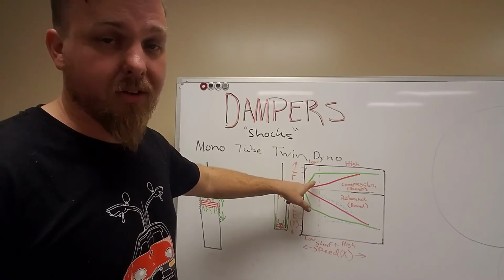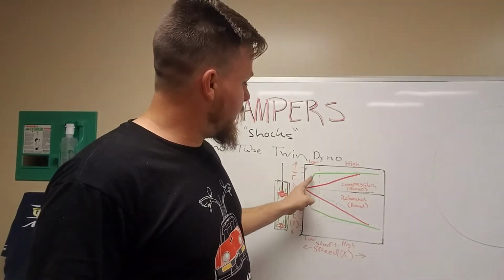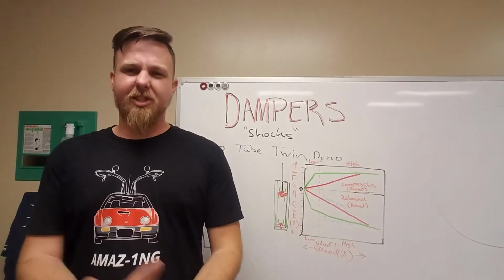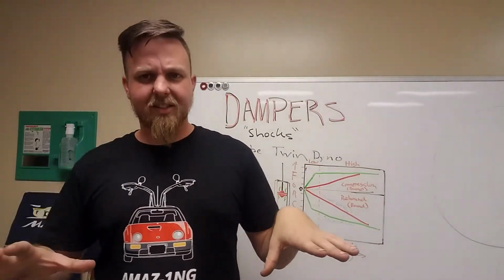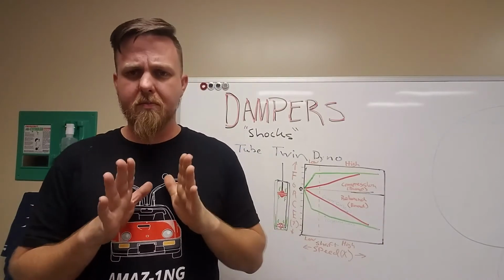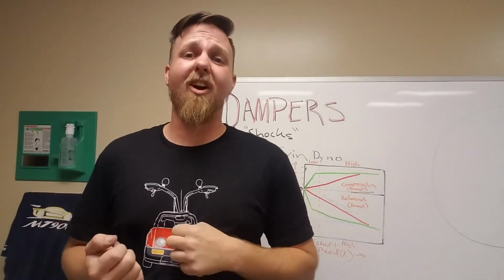Digressive rate coilovers, on the other hand, are pretty sweet because they get real stiff right in the area where you want it to be, to resist body roll, to resist suspension movement, to resist dive, squat, all those movements you notice when you're driving a well-handling car.